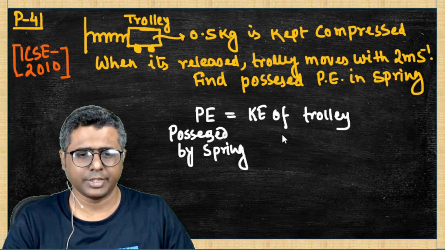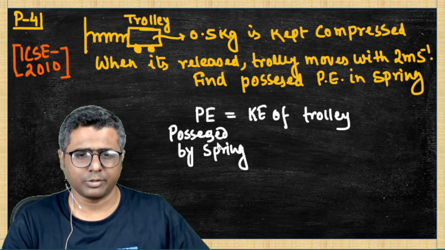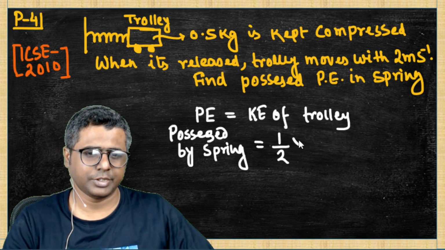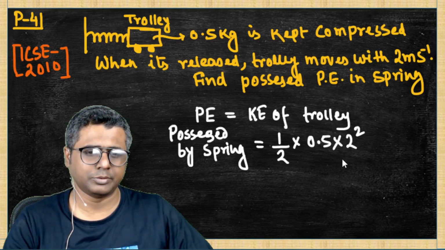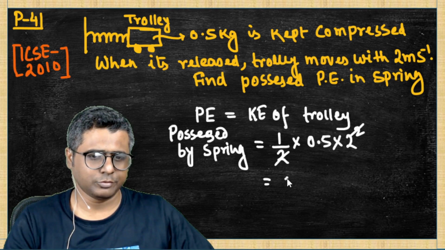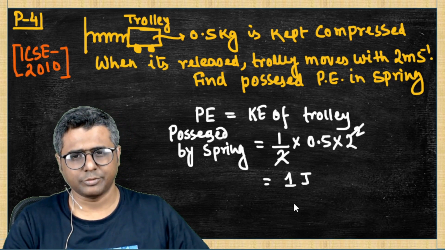This is not a very difficult case. How? Half into mass 0.5. At the end of the day, it travelled with a velocity of 2 meter per second. So it will come out to be 0.5 into 2 into 2, the half and 2 get cancelled out. 0.5 into 2, that is 1 joule, because everything was in SI units.